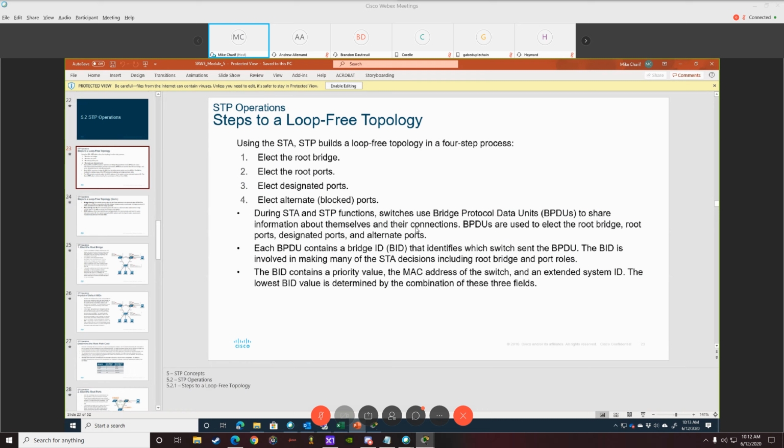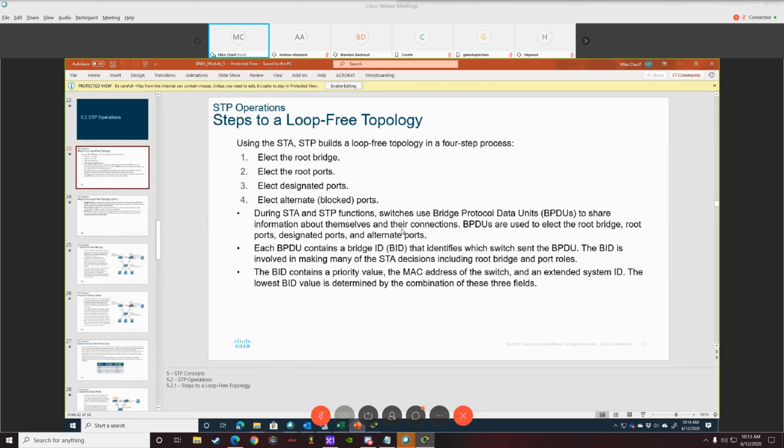So basically, the BPDU helps indicate which one is the reference point, which one is the root bridge. Because once I decide the reference point, the root bridge, I can decide later which link I need to block, where I want to block it, to which port. Okay?